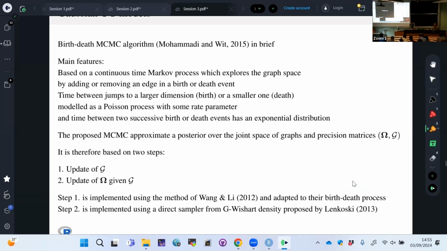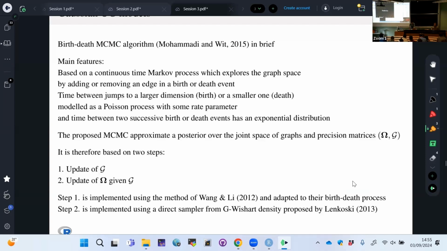So the main features of this algorithm are that it is based on a Markov process, okay, which, as before, explores the space of graphs by considering addition and removal of edges, okay, which correspond to what is called, according to their notation, birth and death events, okay?